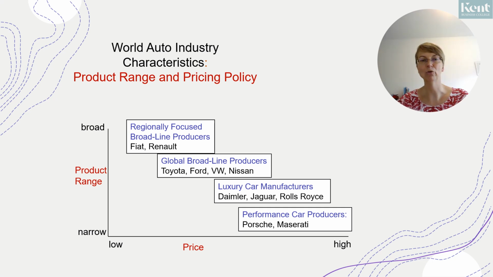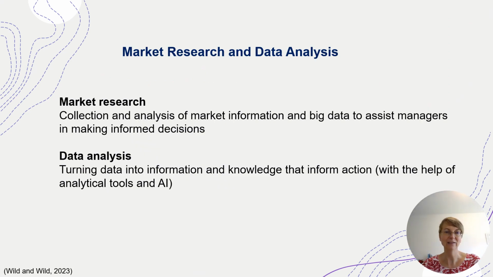And then you have some more regionally focused car manufacturers, such as Fiat and Renault. You would need to provide evidence for your clusters to really see who is operating in the same kind of strategic group. And that is important because it helps you understand where competition comes from.